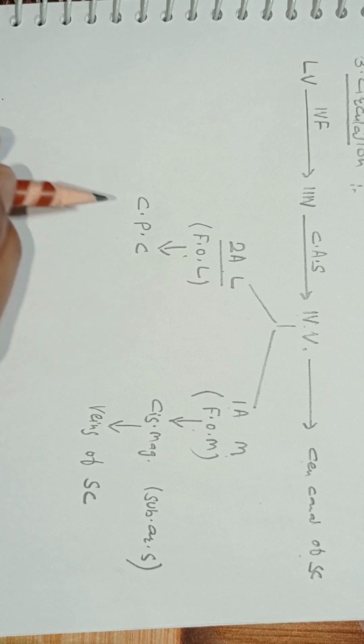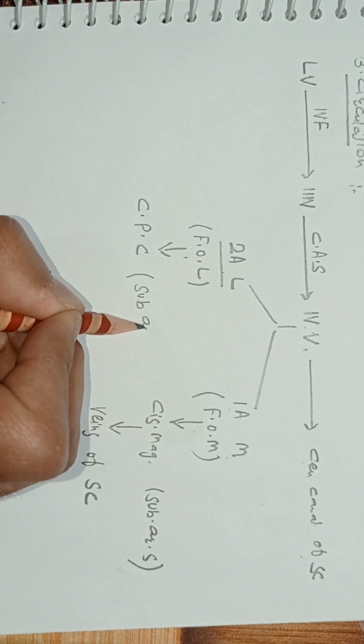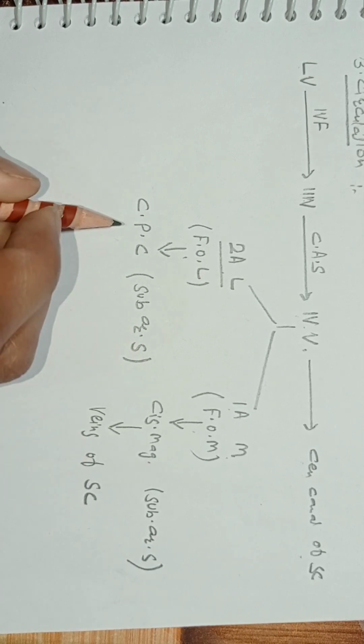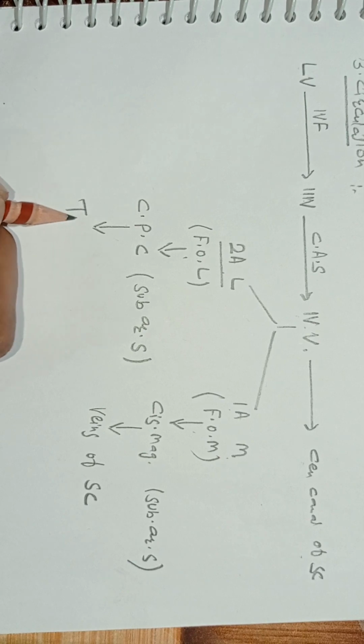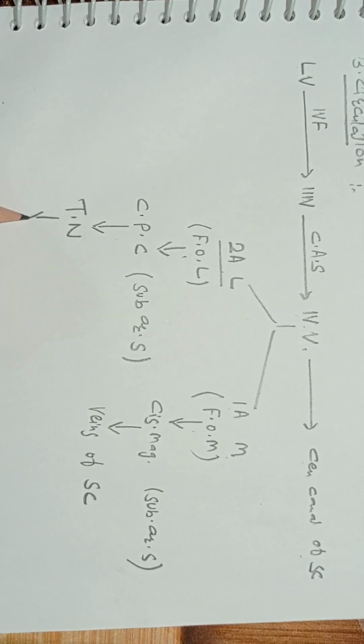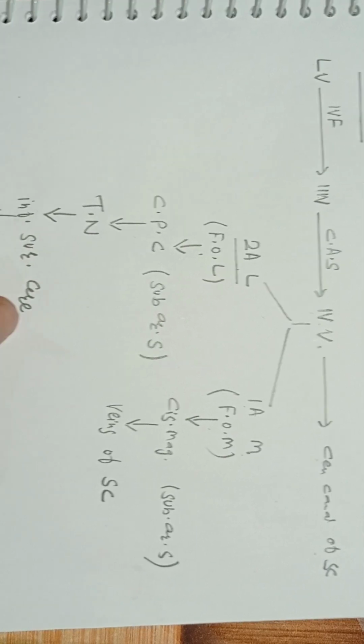What is the cerebellopontine cistern? It is also an enlarged subarachnoid space. From the cerebellopontine cistern, the CSF goes to the tentorial notch. From the tentorial notch, it goes to the inferior surface of cerebrum.